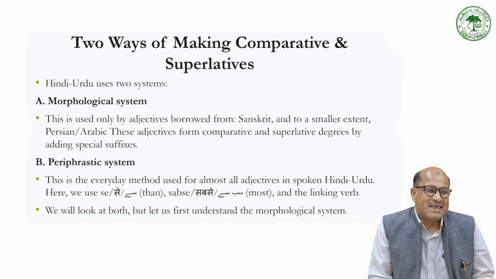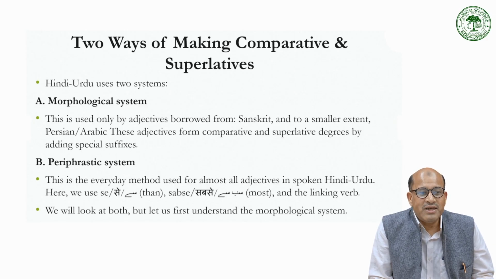There are two systems to look at the adjectives. First one is the morphological system. This is used only by adjectives borrowed from Sanskrit and to a smaller extent from Persian and Arabic. These adjectives form comparative and superlative degree by adding special suffixes that we have seen just now. Then there is another one called the periphrastic system.